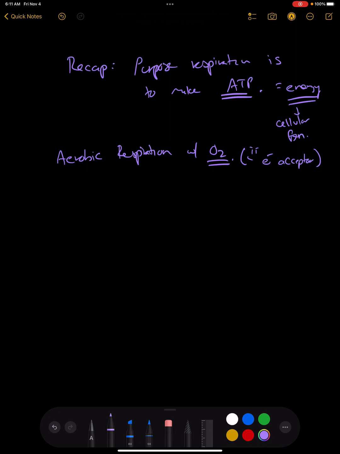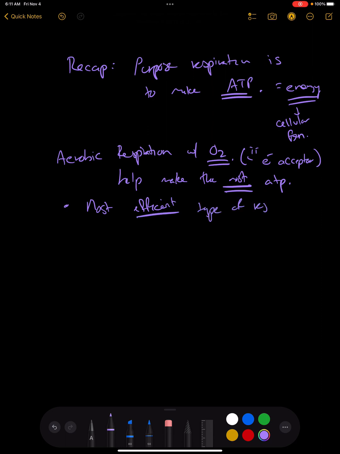So with the oxygen, I make the most ATP, which means this is going to be the most efficient type of respiration, because from one sugar molecule, I got to make 36 ATP.